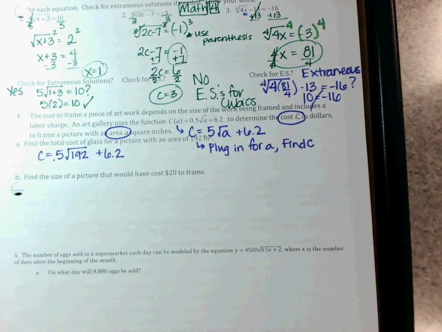Do I really even have to solve this? Really, all you have to do is type it in, because the C is already on its own side. So type that in, 0.5 square root, 192 on the inside, plus 6.2. I got 7.03.